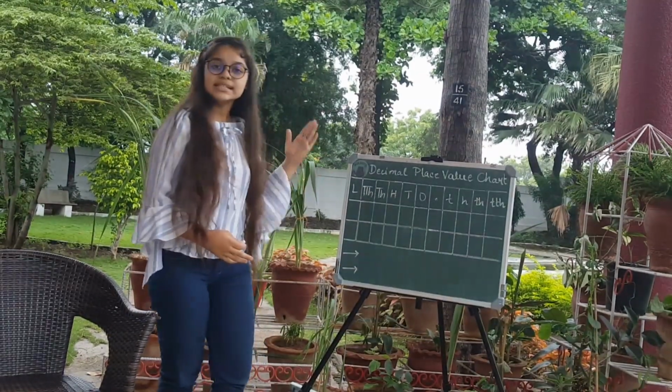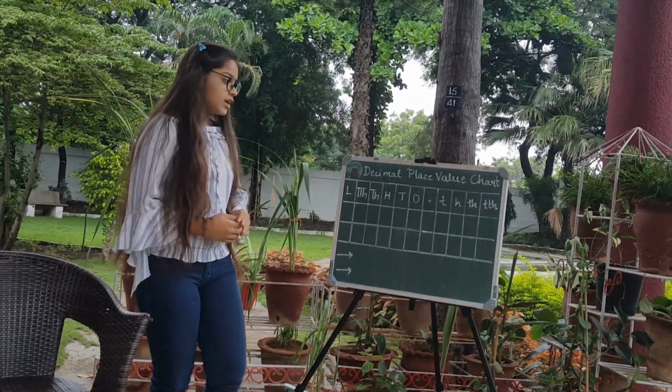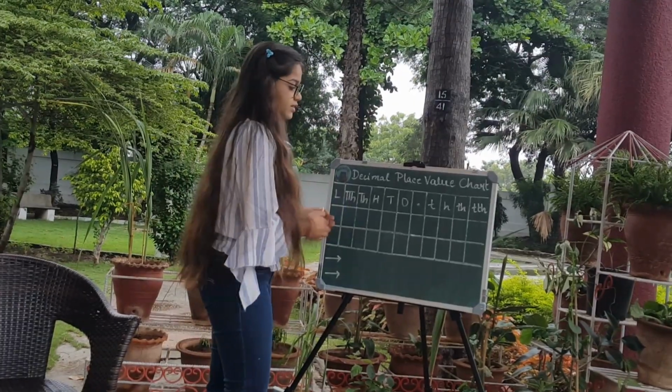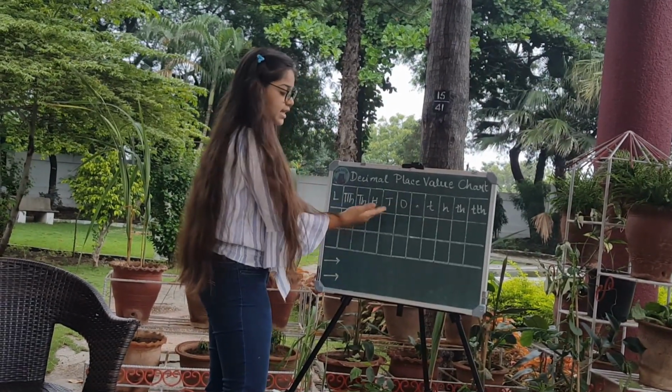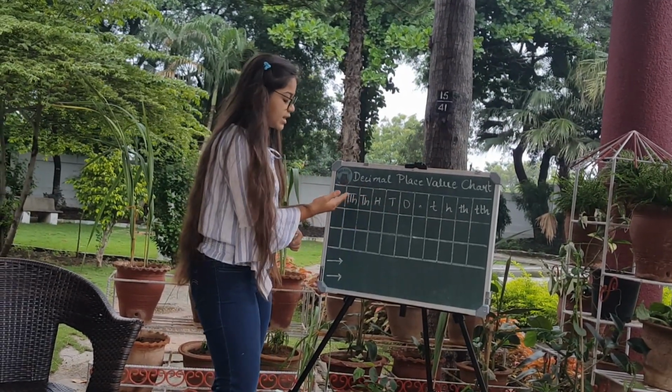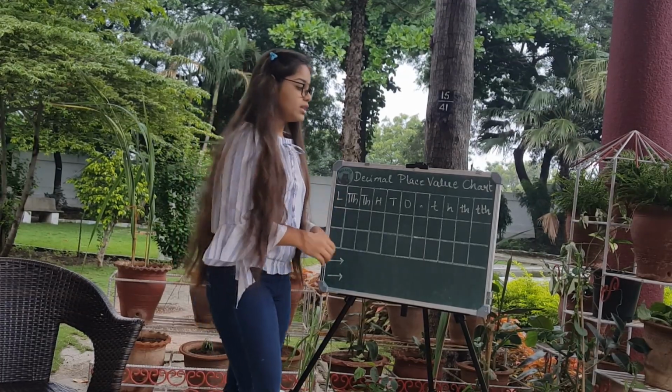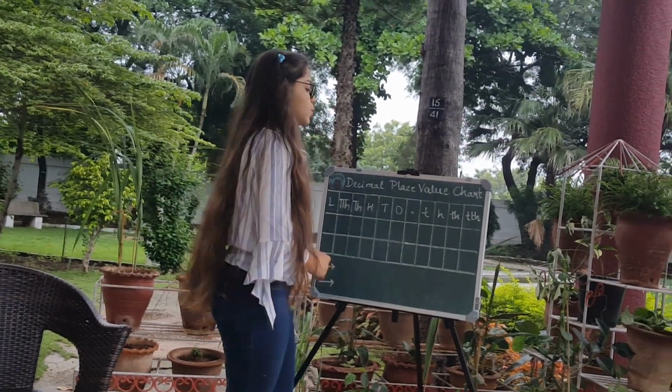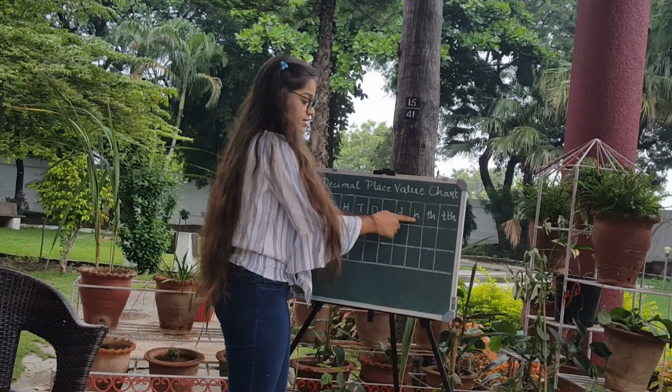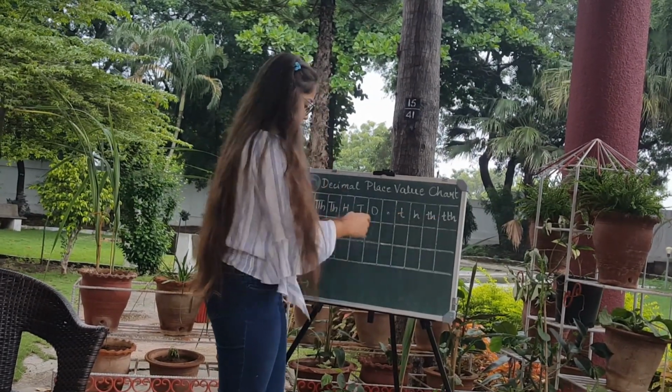Now let us recall the decimal place value chart that we had learned in the earlier classes. This is the decimal place value chart. Here, on the left side of the decimal point, we have ones, tens, hundreds, thousands, ten thousands and lakh. And on the right side of the decimal point, we have tenths, hundredths, thousandths and ten thousandths.